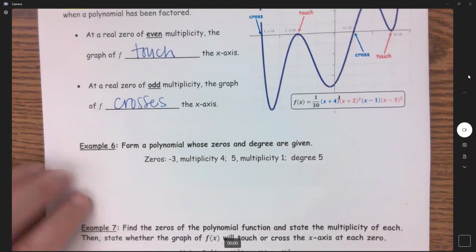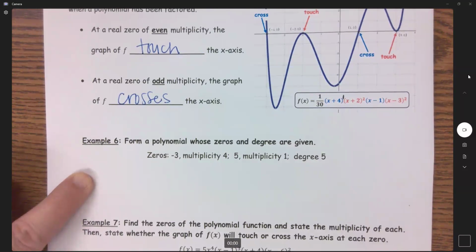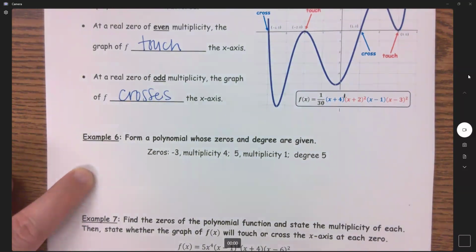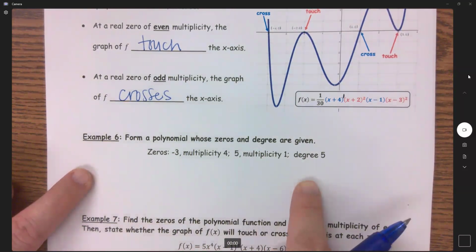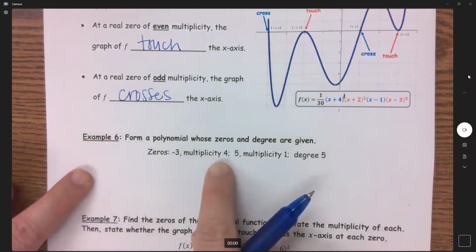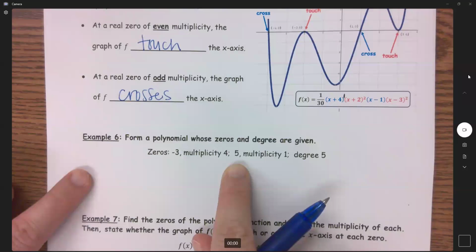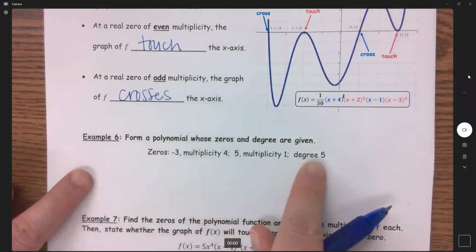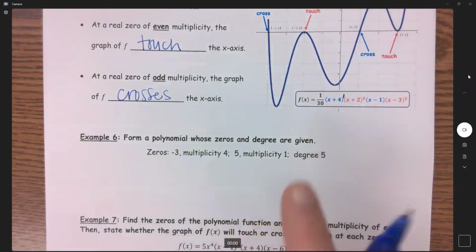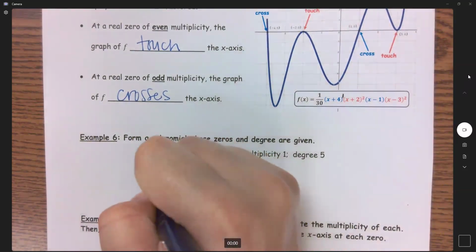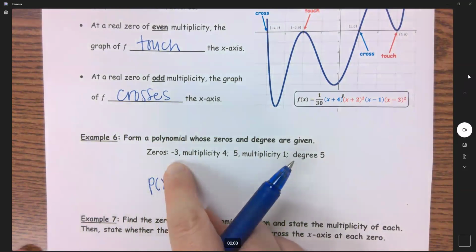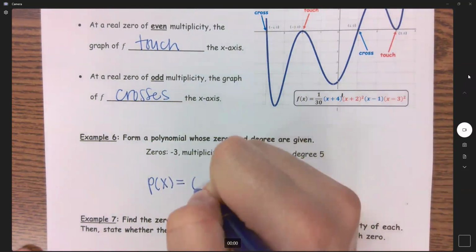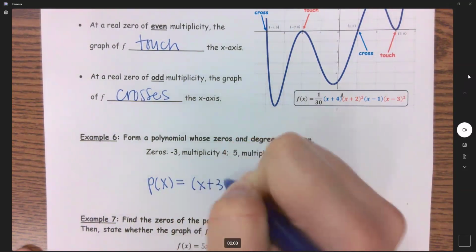Okay, now this is going to be kind of a homework question, and it is what it is. Form the polynomial whose zeros and degree is given. So I have a 0 at -3 with the multiplicity of 4, a 0 at 5 with a multiplicity of 1, and the degree is 5. So if I'm forming this polynomial, if I have a 0 at -3, when that's in factored form, that is x plus 3.